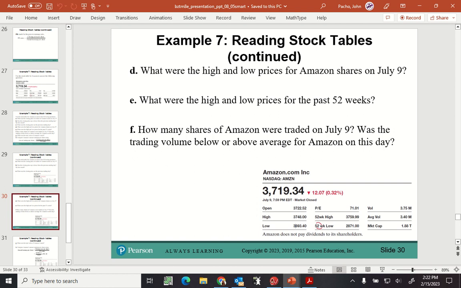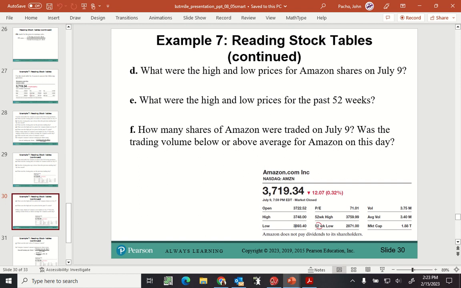That means that's pretty good, right? I'll talk about something here in a minute. Okay, so next thing, how many shares were traded on July 9th? 3.75 million. Was that trading volume below or above the average? Above. It's above because my average was 3.4 million, right? Okay, the average is 3 point something, so it's above.